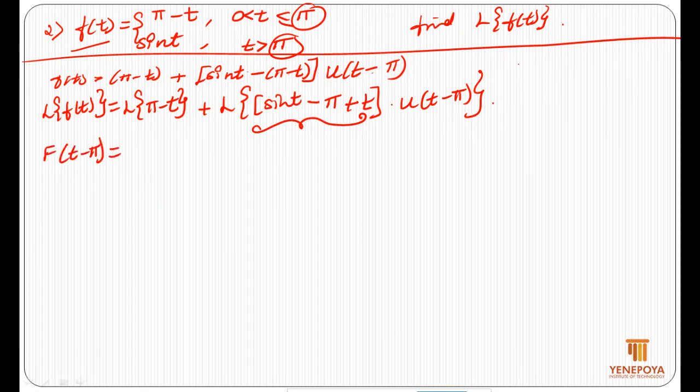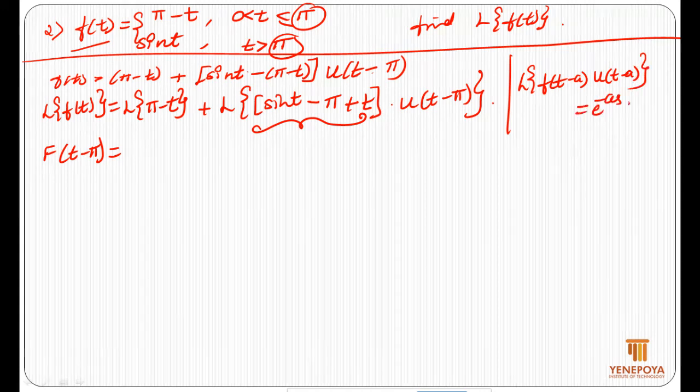Since we know the formula, the Laplace transform of F(t − a) into u(t − a) is equal to e^(−as) F̄(s). So this term is F(t − a), where a is π here.